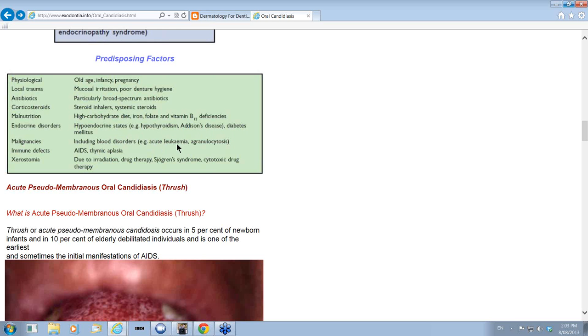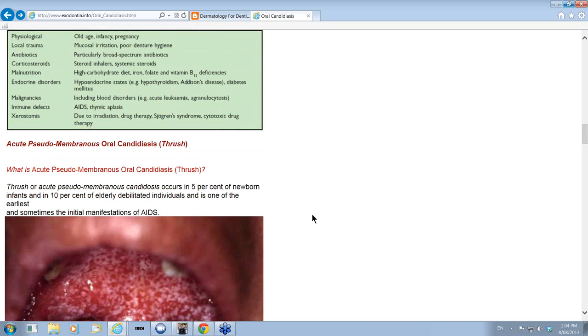If you've got other disorders that are going to affect your immune system, or you've got agranulocytosis where you're not able to mount proper immune reactions, then Candida will occur. That's thymic aplasia and AIDS. And anything that's going to give you dry mouth, Sjogren's you're used to, irradiation, any of these drugs that will dry salivary secretions, all of this can give rise to Candida, and the cytotoxic drug therapy as well.